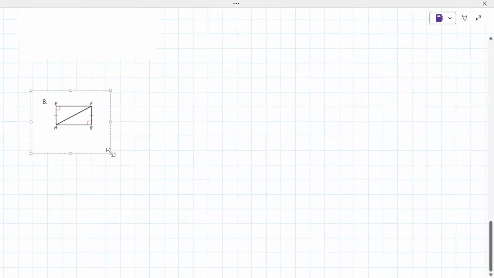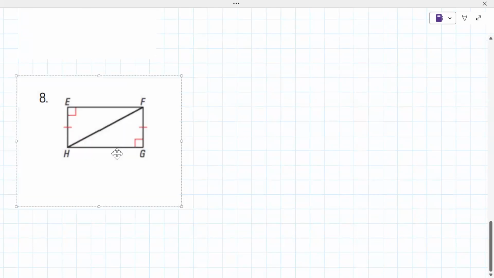All right. Number 8 here. What do you say? It's important to recognize what kind of triangle this is. Oh, it's a right angle.